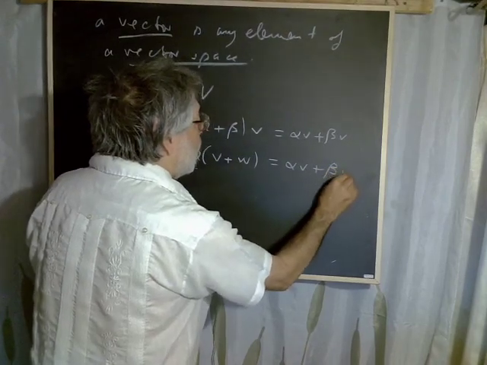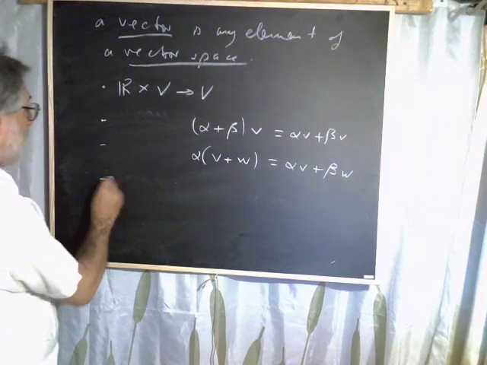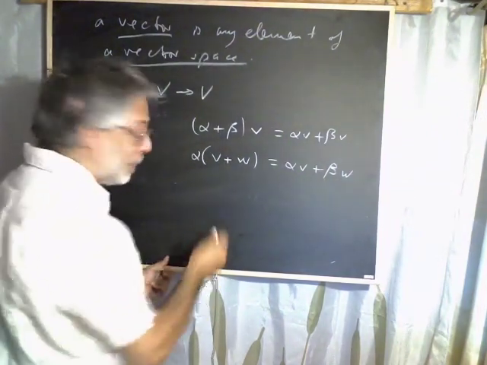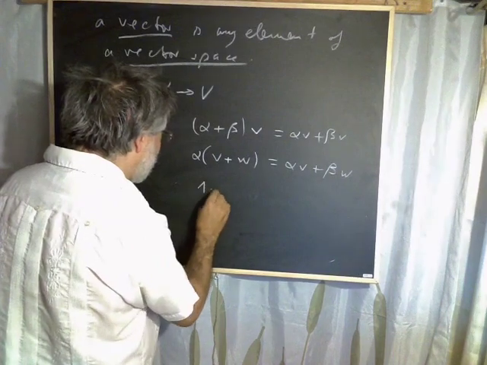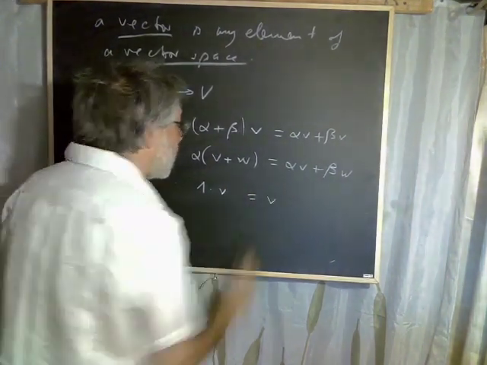So, the usual kinds of laws of arithmetic that you would expect. But what is also important, scaling matches. If you scale a vector with the number 1, you get the same vector.